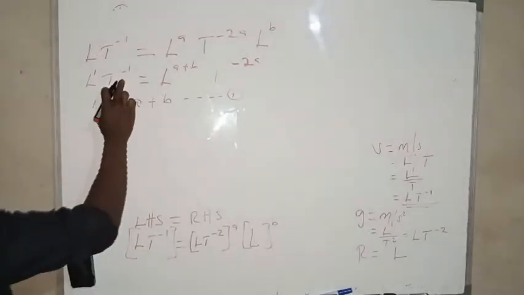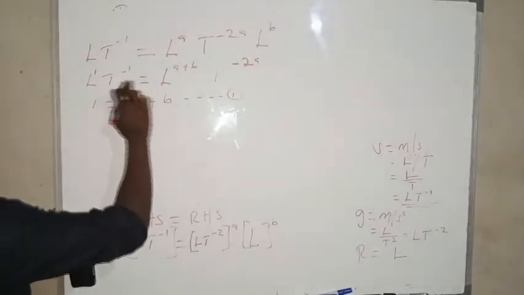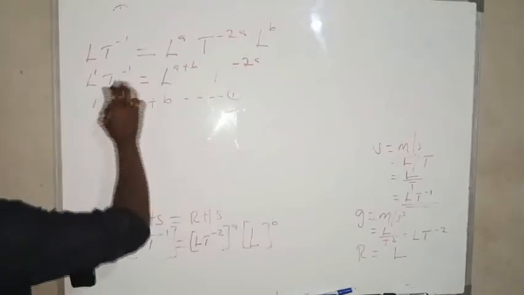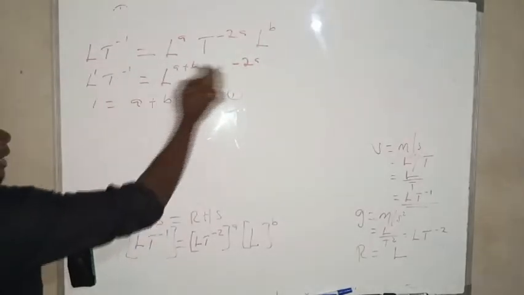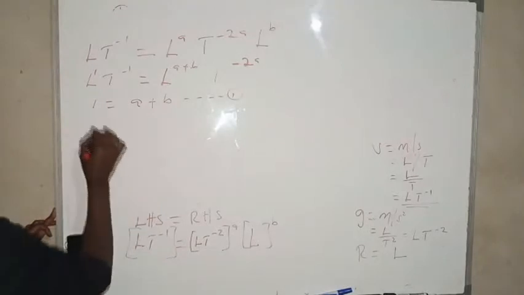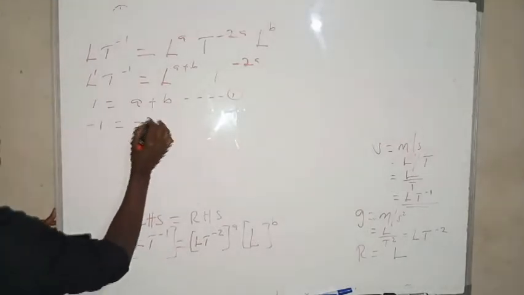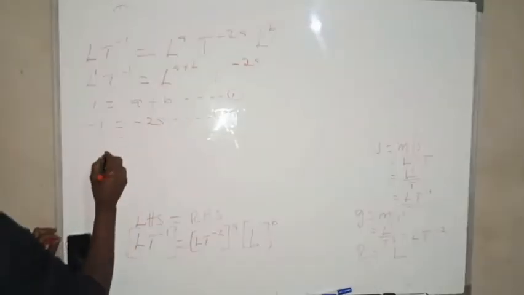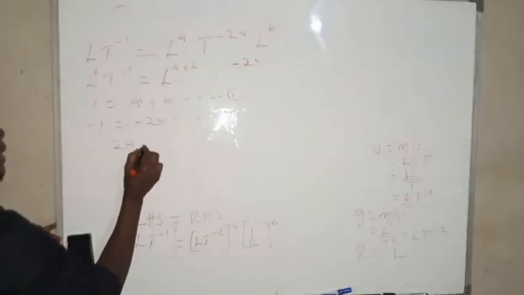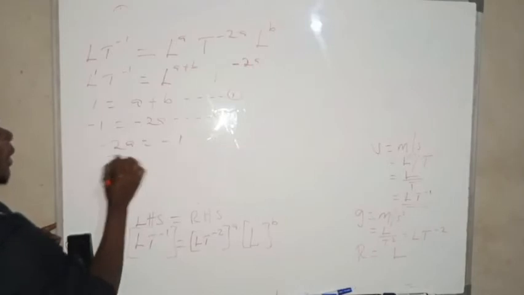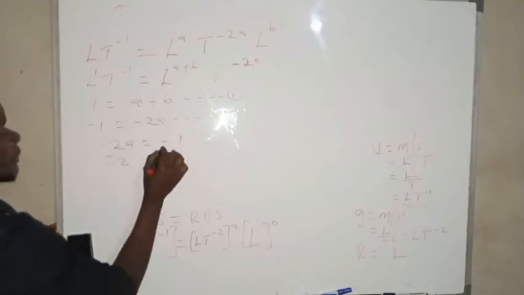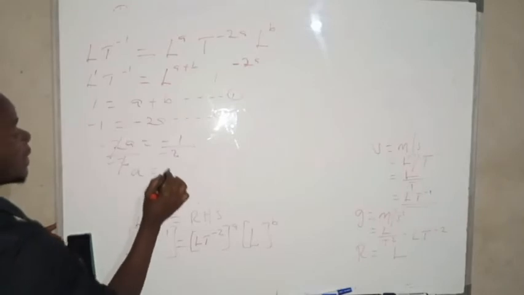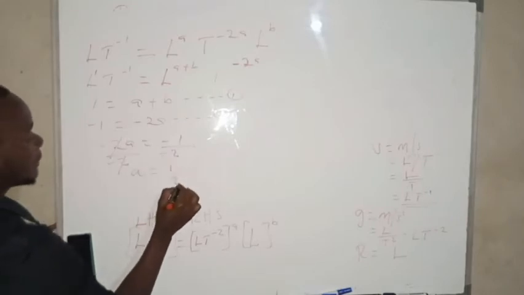For T, we have T to the power negative 1 on one side and T to the power negative 2A on the other. T and T are equal, so negative 1 and negative 2A must also be equal. Let us call this equation 2. So negative 2A is equal to negative 1. Dividing by negative 2, we get A equal to half.